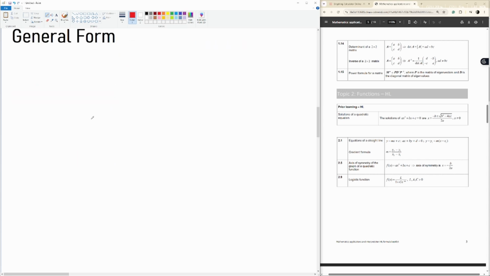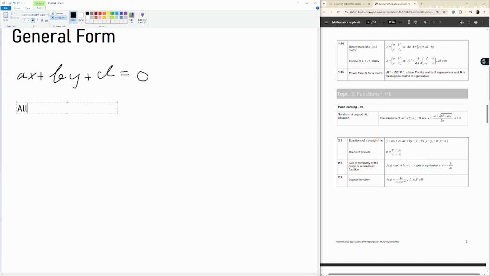And then lastly, the general form, which is, I think, the most general, as you can say: ax plus by plus d is equal to 0. And here you have to understand that all numbers have to be whole numbers.